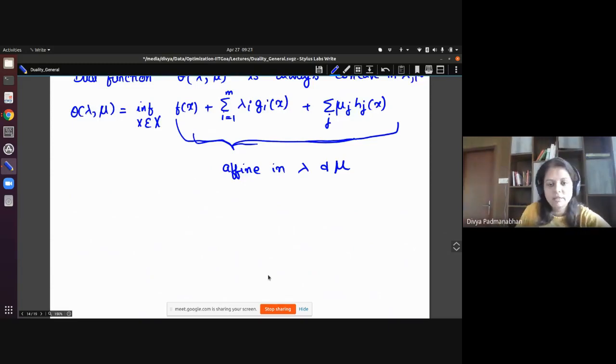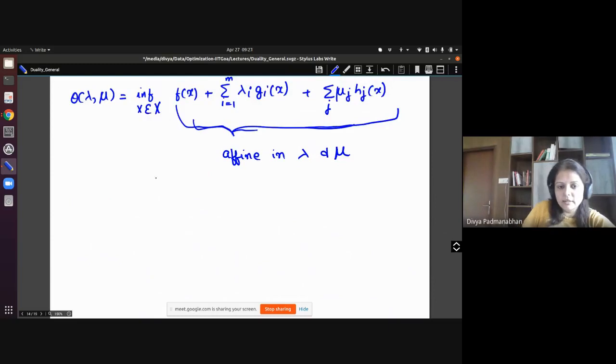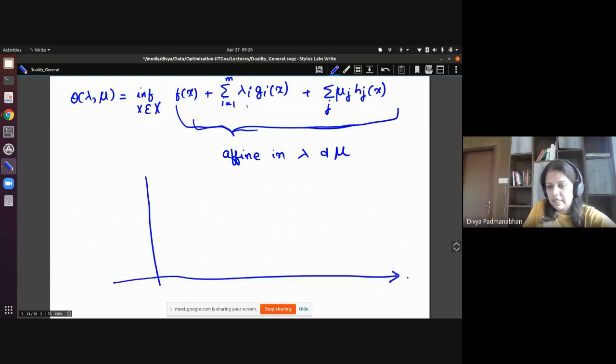Okay, so just to get a sense of what we are doing here, I'll just take one example where there's a single constraint. So there's just one lambda. So what I'm going to do here is I'm just going to try to plot the dual function. Okay, so lambda goes on the x-axis and theta of lambda on the y-axis.